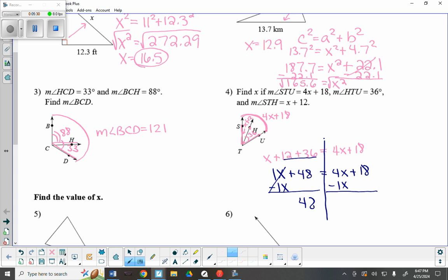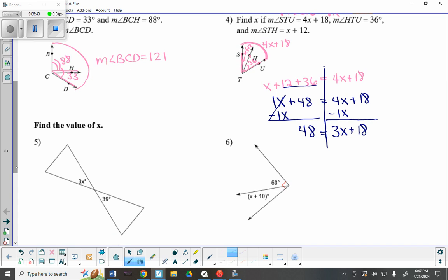So 48 is equal to 3x plus 18. Go ahead and write that down. Now we want the 3x term by itself, so we are going to subtract 18 from the right side because that will cancel. But then we have to subtract 18 from the left side. So you have 3x equals 30.